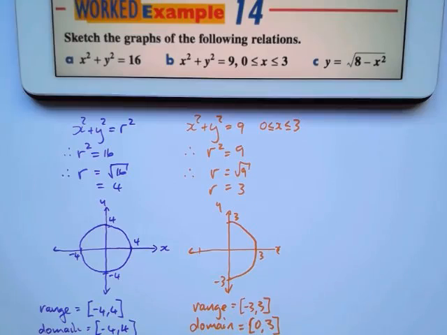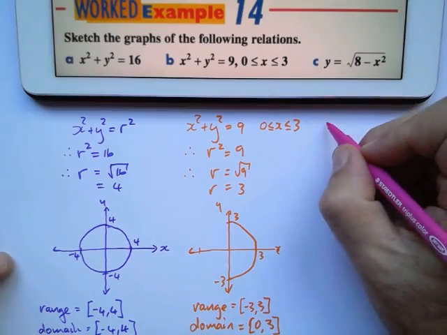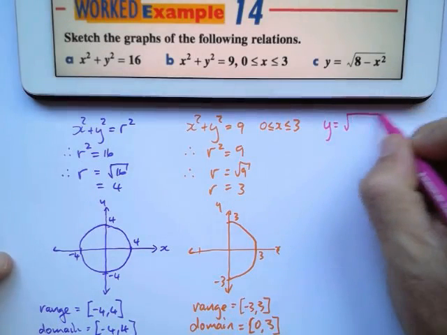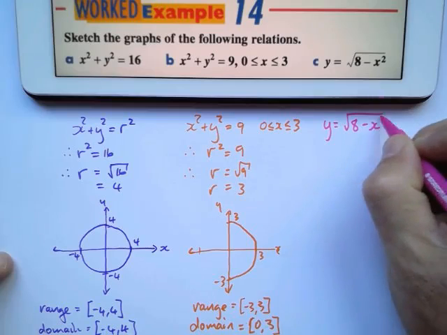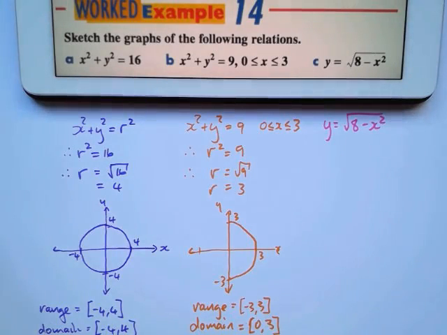Okay, our last question, the pink one. C: y equals, oh no, that's a lie. Y equals the square root of 8 minus x squared. Now, this one is a little bit harder to identify.